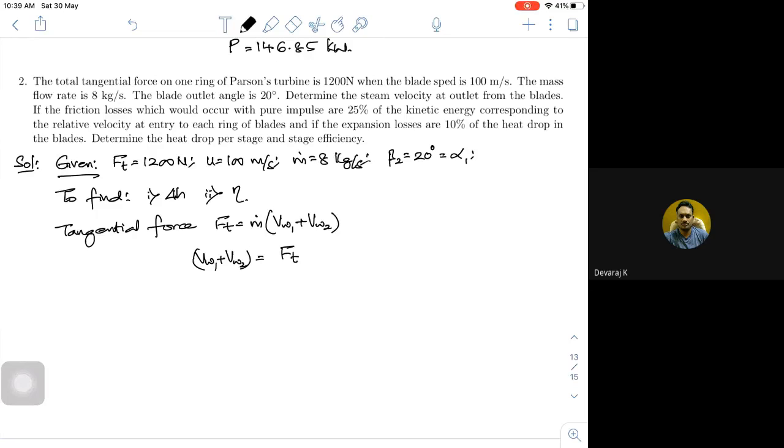So this is 1200 divided by 8, which is 150 meters per second. So this is Vw1 plus Vw2, the combined tangential component of the velocity. Now let us draw the velocity triangle.